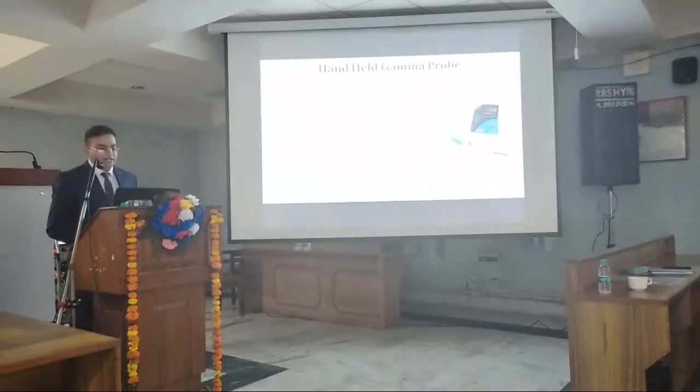Now, the handheld gamma probe, which is to be used in the intraoperative setting. After giving the radiocolloid injection, we can also check the sentinel lymph node location by handheld gamma probe, which is based on the counts obtained from the area of interest. Gamma probes are basically scintillation crystal based or semiconductor based.